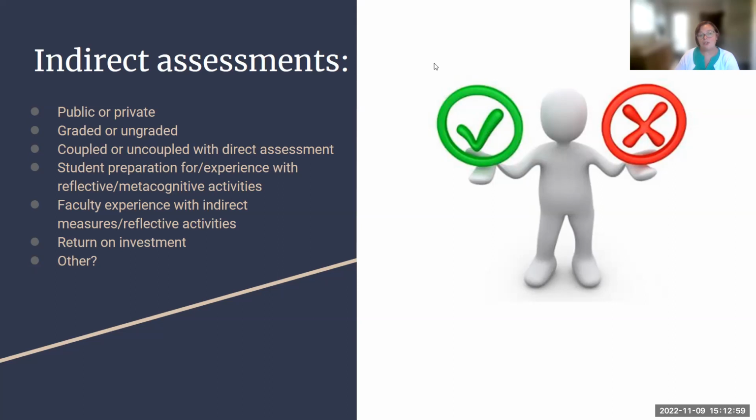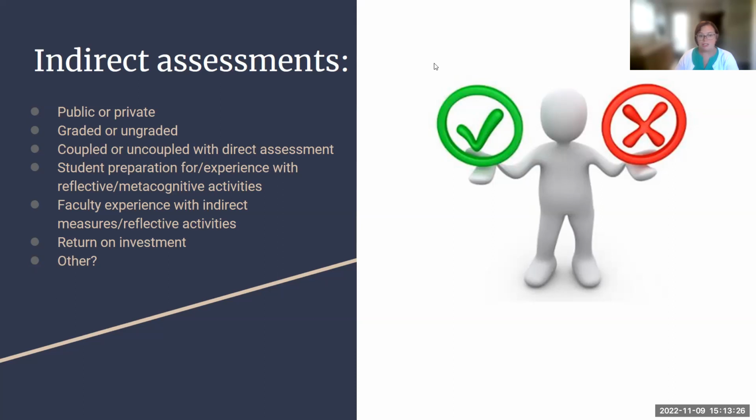And again, coupled or uncoupled with the direct assessment. So do you want them to do the reflection the minute they finish taking the exam, or do you want it to be the next day when they come back to class or whatever that is? And some of these other considerations are really about how comfortable you are giving indirect assessments and how comfortable students are doing them. In some disciplines, this kind of work is very embedded and students are used to it and instructors are used to it.